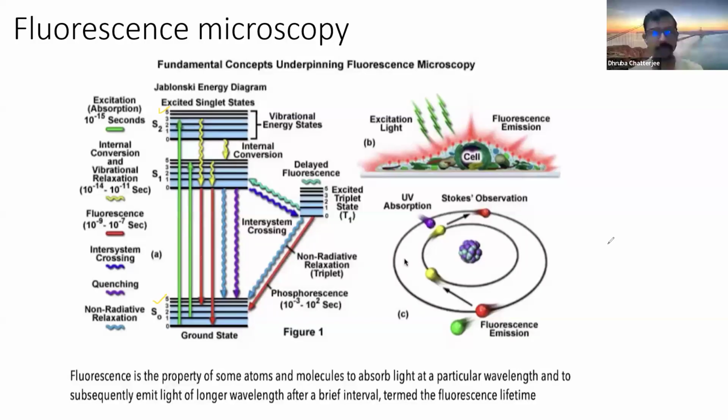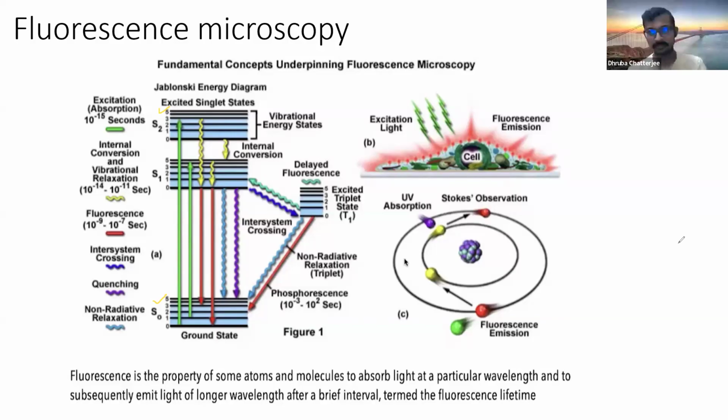Then you can use these antibodies to label only your protein of interest within the cells. Now you do fluorescence microscopy, and you only see your protein of interest's subcellular localization, right?